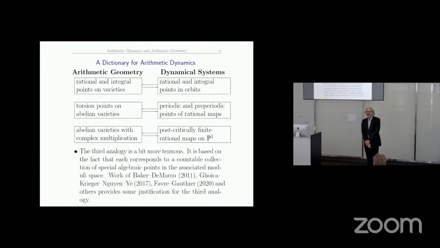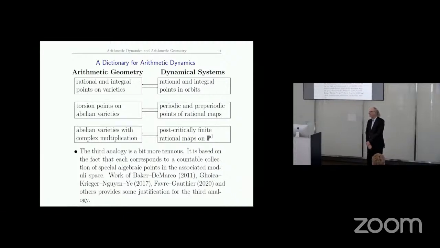The third analogy is a little more tenuous. And certainly, there's room for improvement on it. It's basically based on the fact that if you look at the moduli space of abelian varieties versus the moduli space of rational maps on P1, there are these special marked points that have algebraic coordinates.